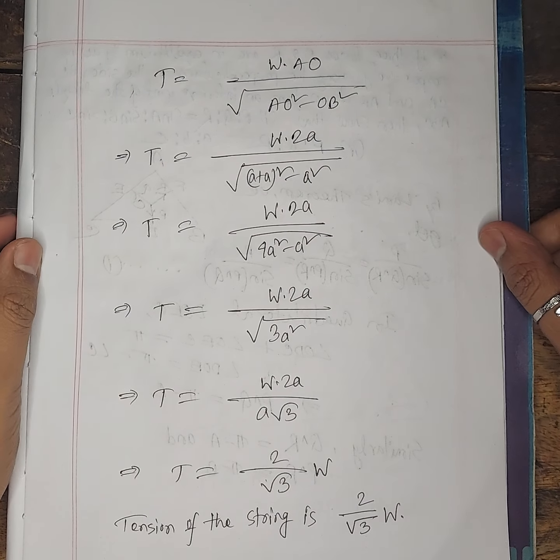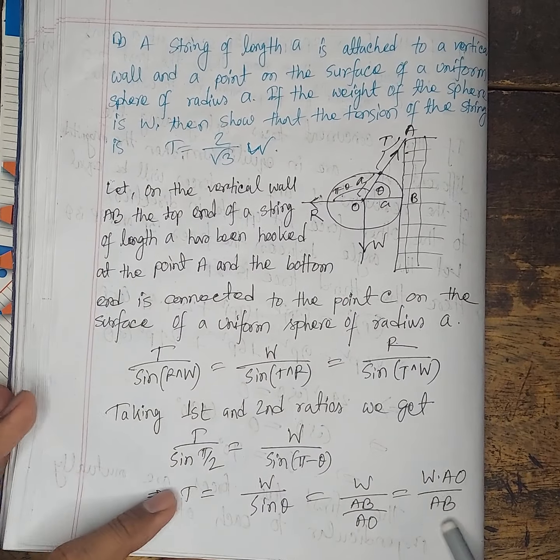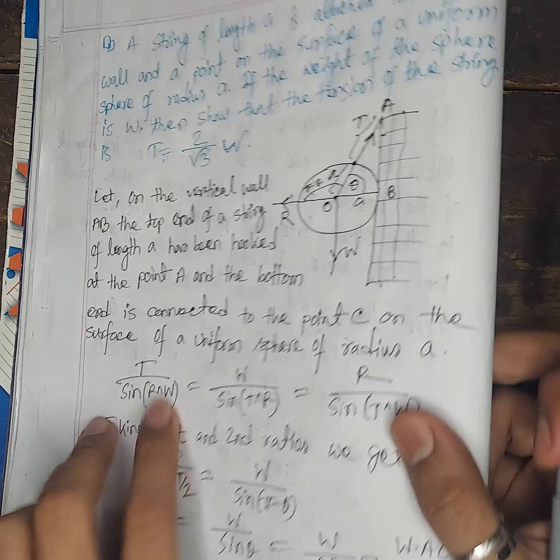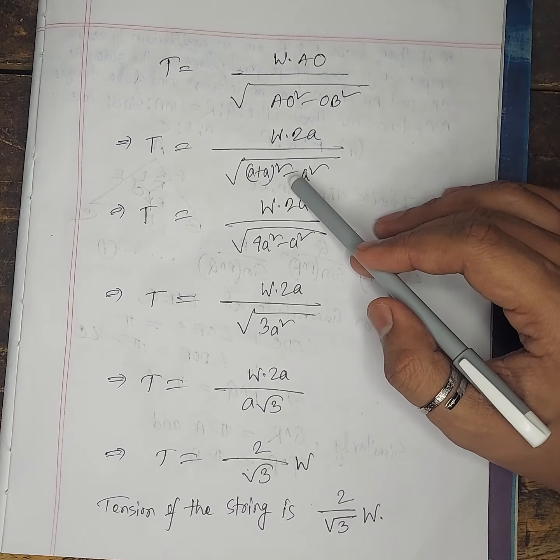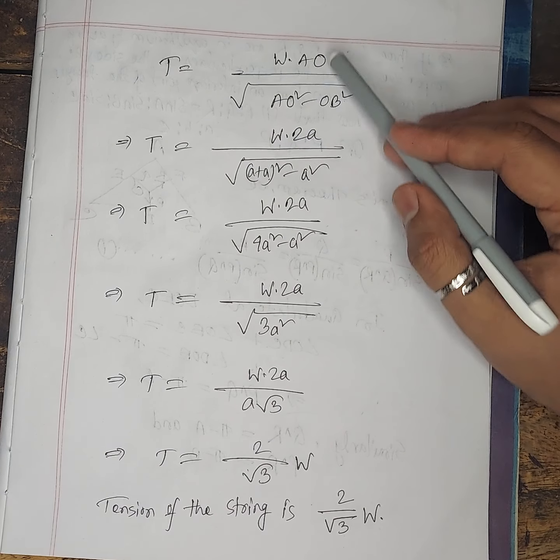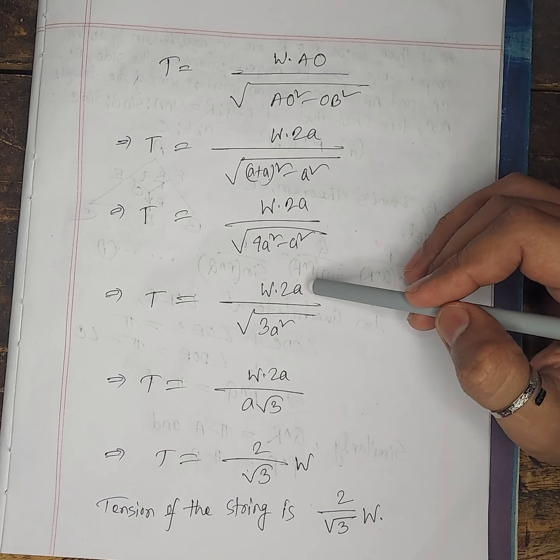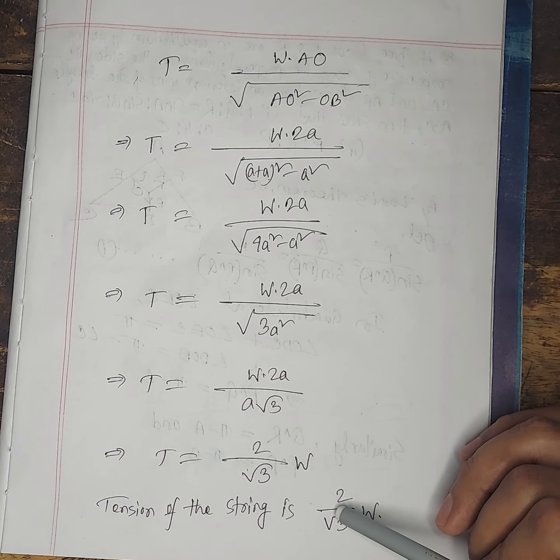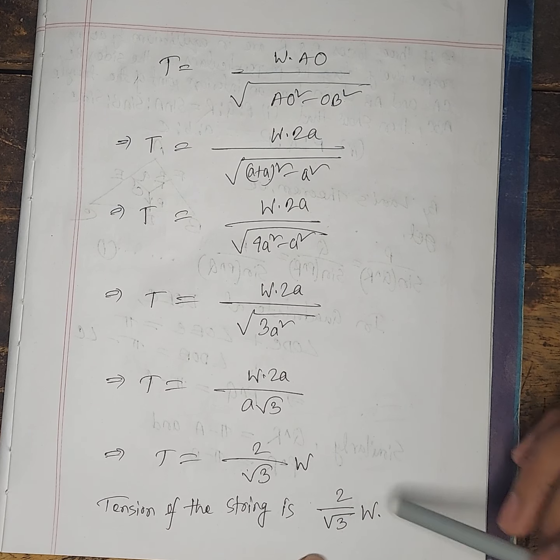And we have to substitute this AB by root over AO squared minus OB squared. We substitute this AO by 2a, and by simplifying we get W times 2a divided by root 3a. So tension is 2 by root 3 W. Okay, so the tension of the string is 2 by root 3 W.